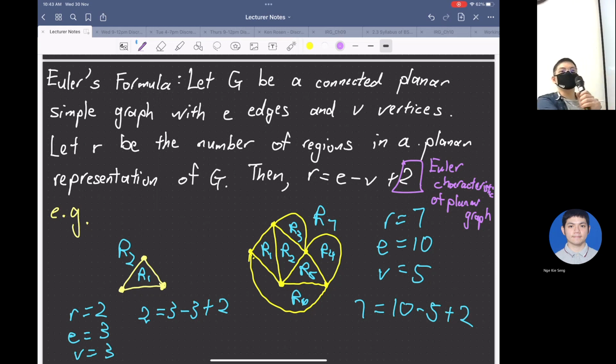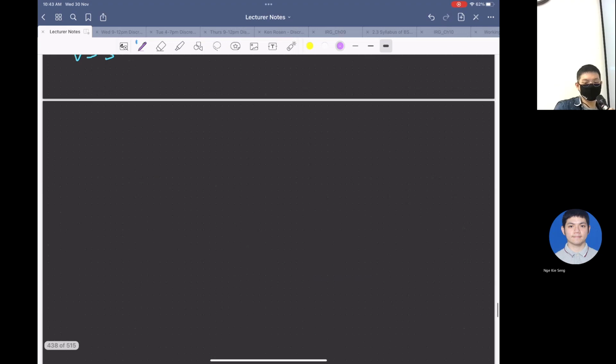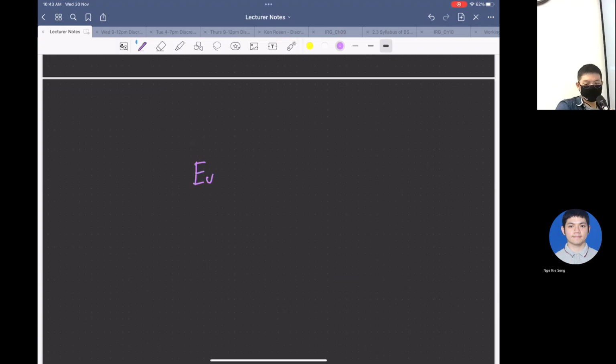Actually we can associate this Euler characteristic with any surface. It turns out that in this universe there are 3 types of Euler characteristic you need to consider for surfaces.